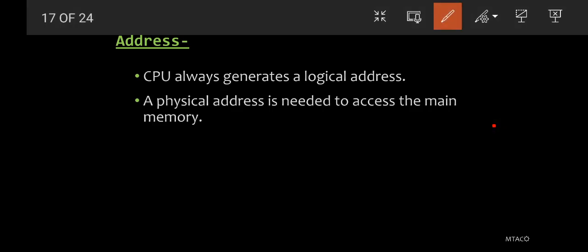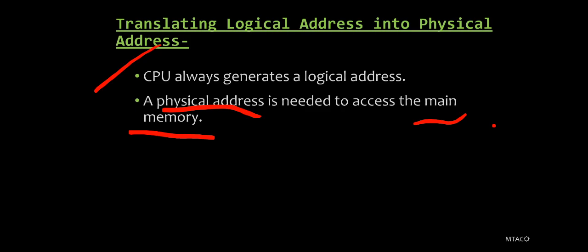Again, ang CPU kuno nimo will always generate logical addresses, and then your main memory will accept only physical addresses. So that's why naani siya nga translation of your logical address into your physical address, for them to be accepted by the memory.